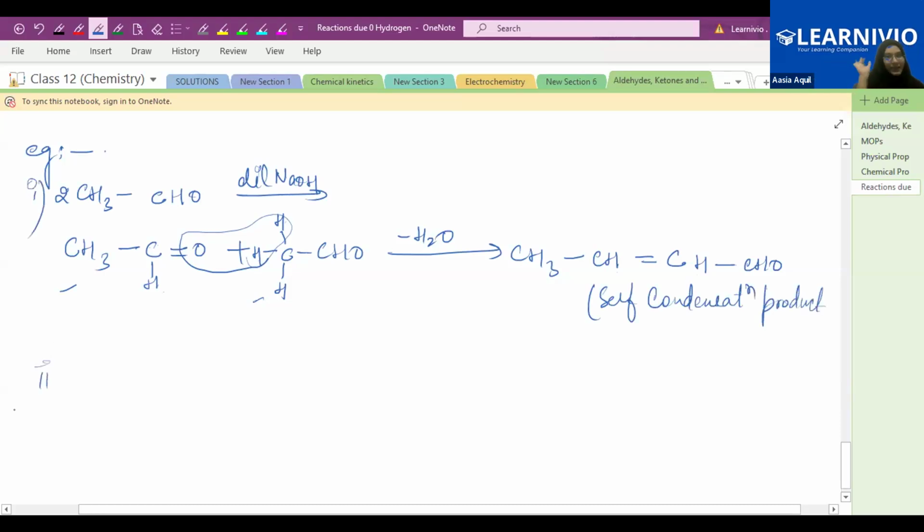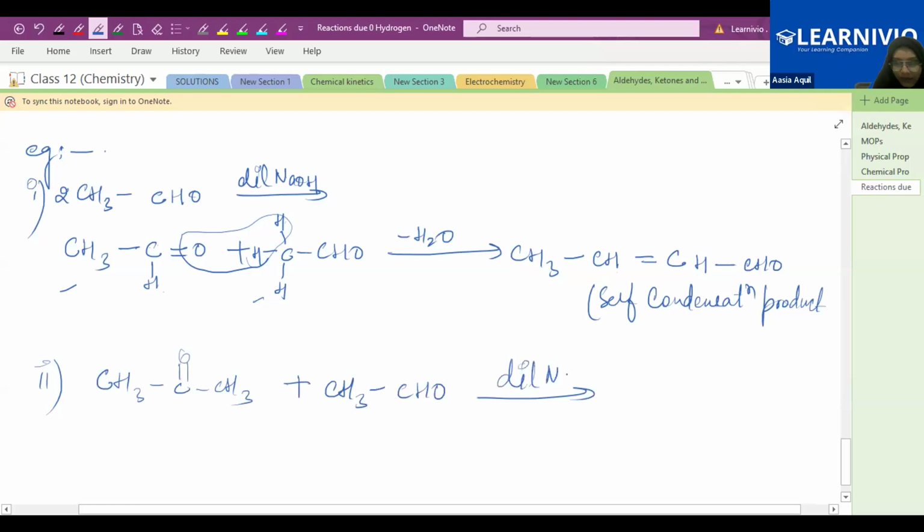Another example, let's take a cross aldol condensation example. Suppose we take 1 mole of acetone, CH3COCH3. This is your acetone, ketone, plus another, I will take CH3CHO.